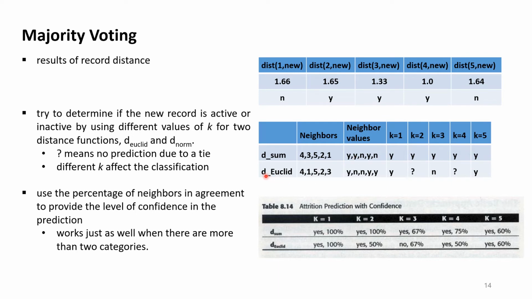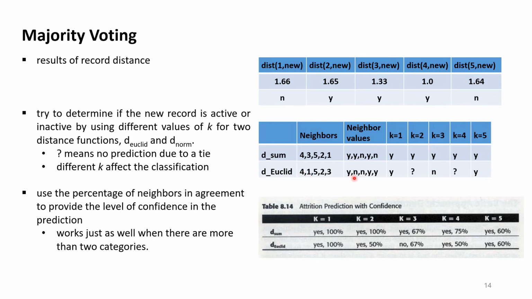If you use Euclidean distance, then the neighbors will be like this, and their corresponding class values are like this. If you choose one neighbor, which is 4, then your class value is y. If you choose two neighbors, you choose 4, 1, and their class values will be y, n.